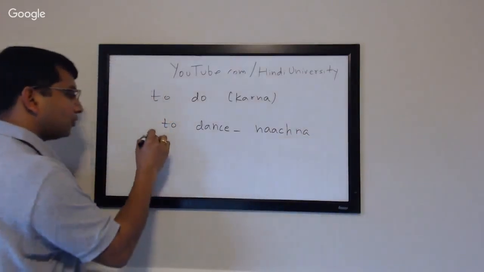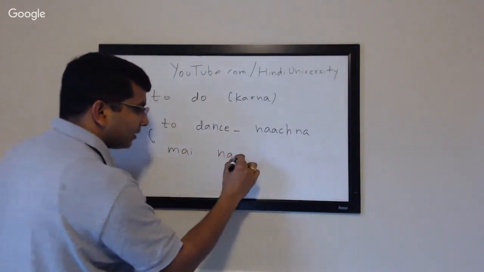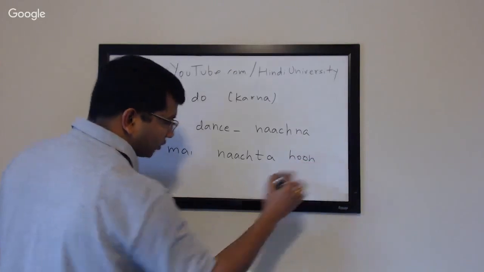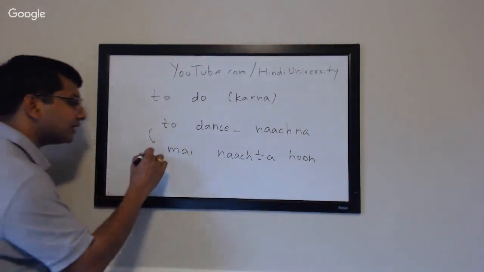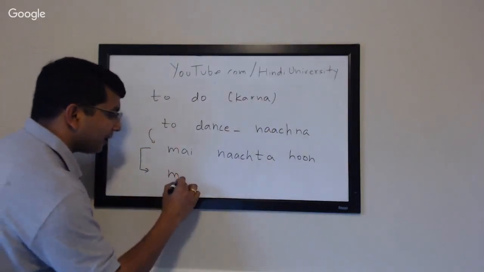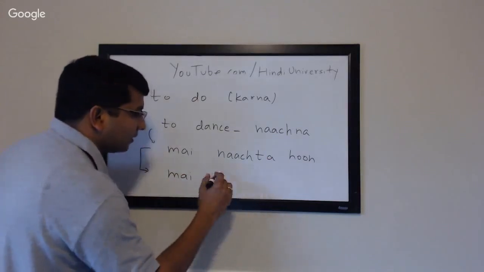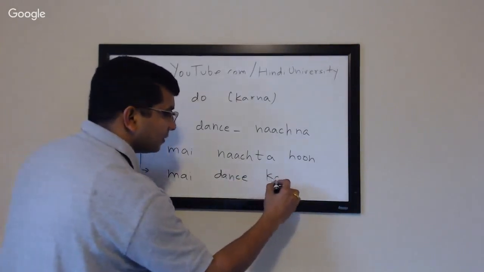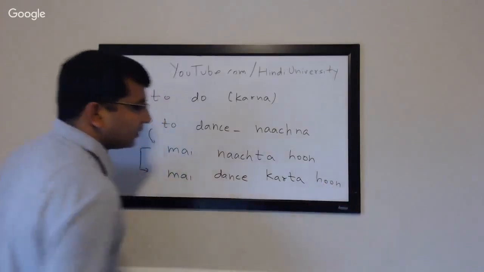Okay. So either you can say मैं नाचता हूँ or मैं नाचती हूँ to imply that I dance, or if you don't know this verb, you can say मैं dance करता हूँ. मैं dance करता हूँ.